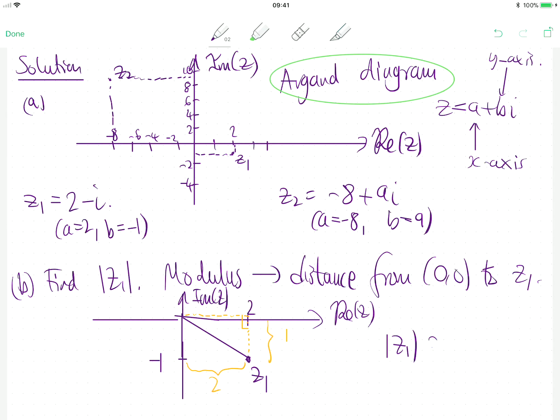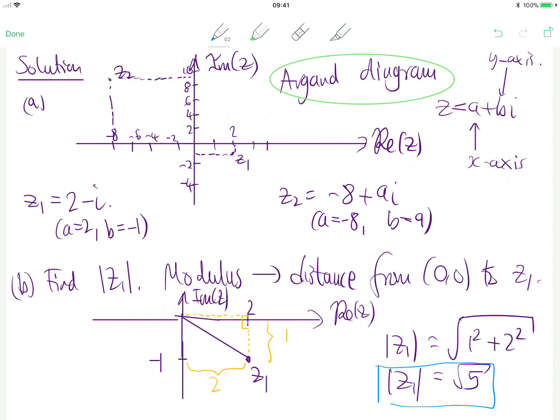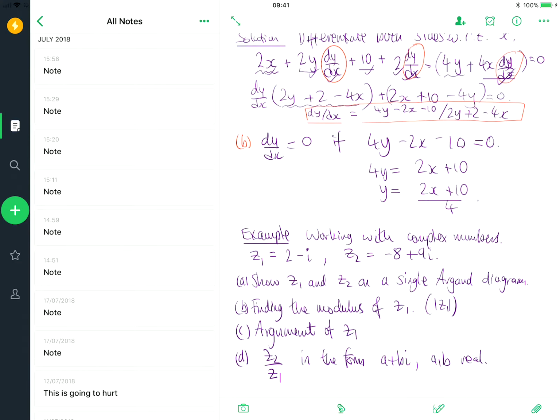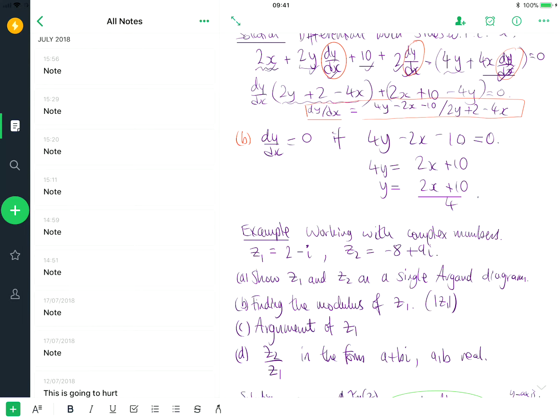So the modulus, using Pythagoras, is the square root of 1 squared plus 2 squared. The modulus of Z1 is equal to the square root of 5. Okay, so that answers part B. Just before we go on to part C, let me say a few more things.